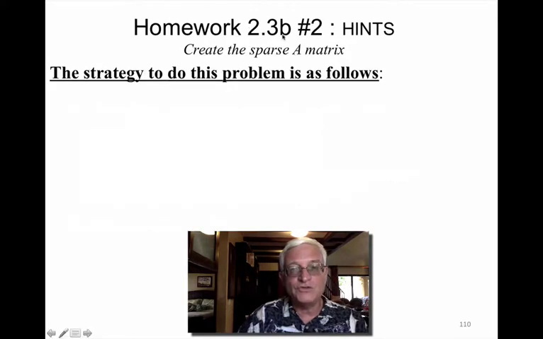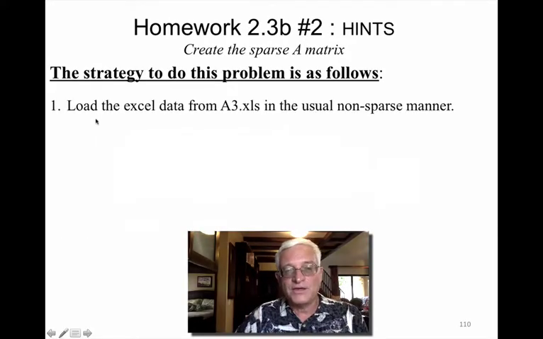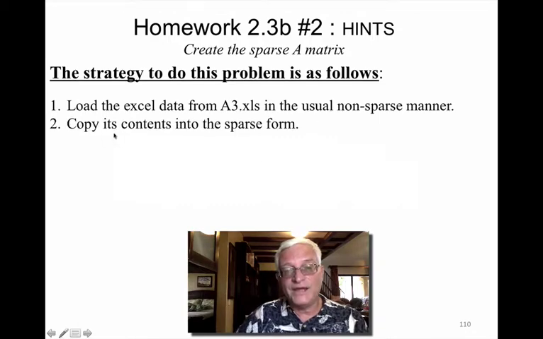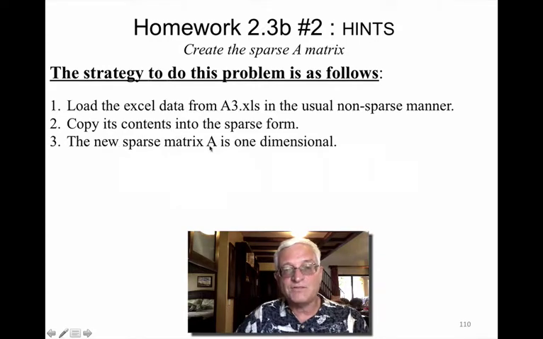Okay, let's go to problem 2 and some hints. Okay, we're going to load our data from A3.xl, just like we did in the prior homework. We're going to use the usual non-sparse manner. So you'll need to convert that to a sparse form. Call the sparse form A. This sparse matrix must be one-dimensional.